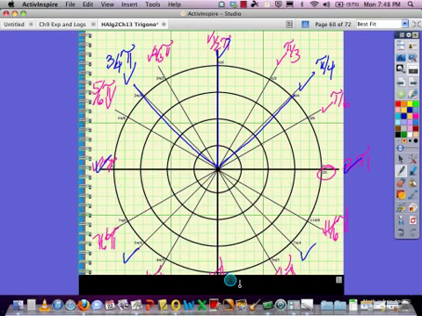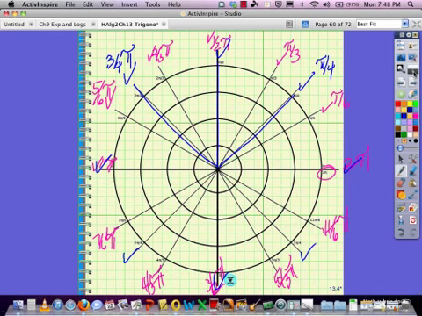Then we go down to the lower half. 5/4 pi. 6/4, also known as 3/2 pi. 7/4 pi. 8/4, known as 2. And you get around the circle and you're seeing only certain denominators because of the fourths, thirds, and sixths that we were using.